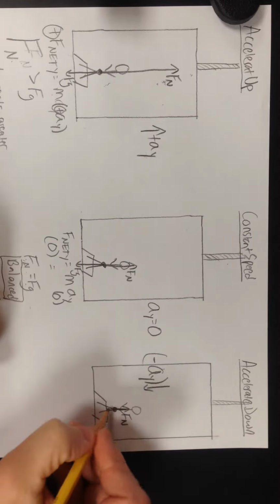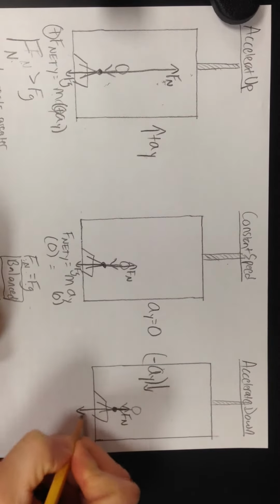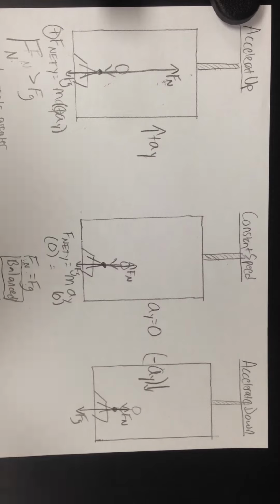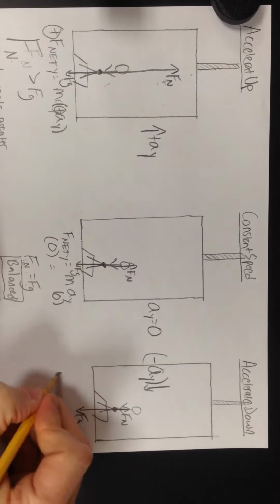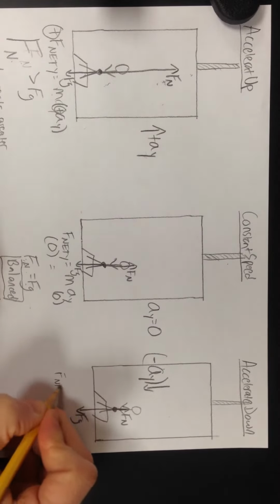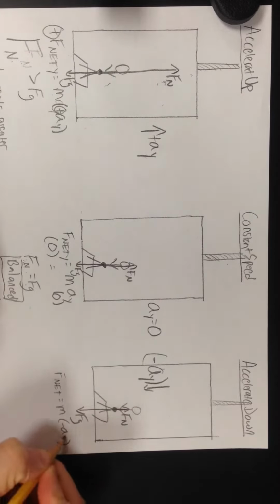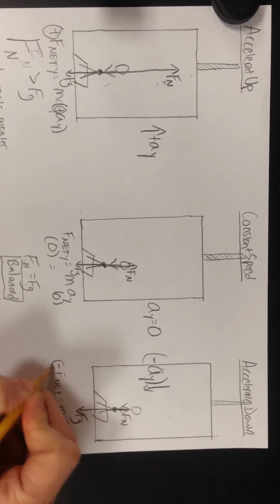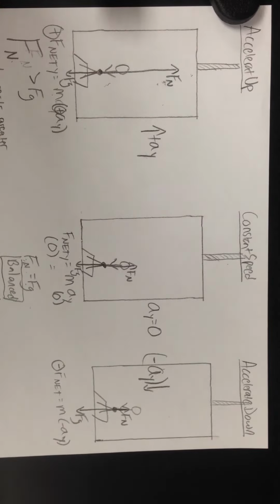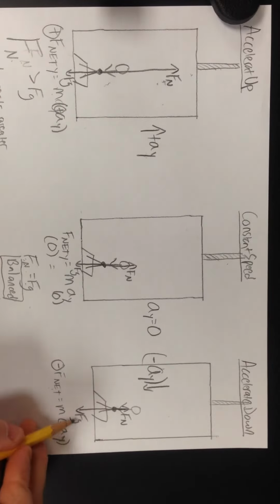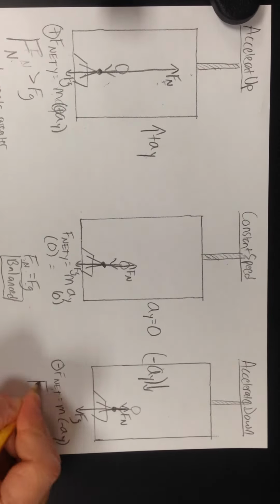The floor is still supporting you a little bit, but Fg has to win to get a negative acceleration. And we could show that with Newton's second law that if you have a negative AY, you're going to end up with a negative net force right there. A negative net force means Fg needs to be greater.